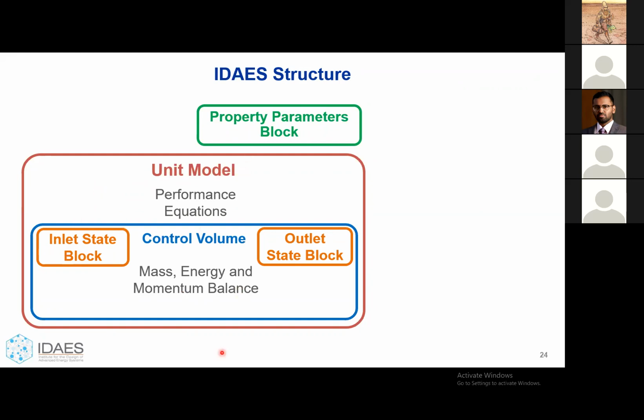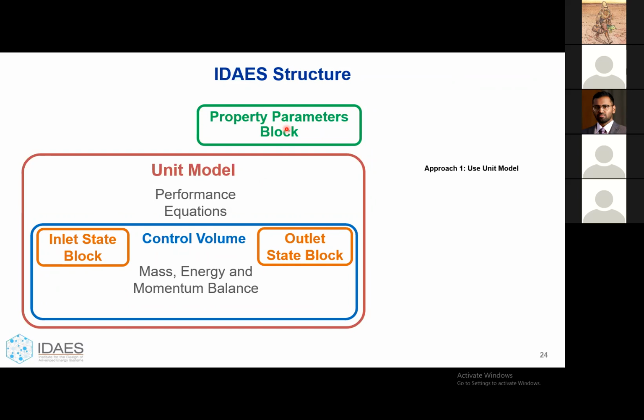You have the unit model block within which lie your performance equations, and then you have your control volume block, which writes your mass, energy, and momentum balances, on which we have your inlet state blocks and an outlet state block. But both of these state blocks take their parameters from this properties parameters block, where our parameters to be estimated reside, right?